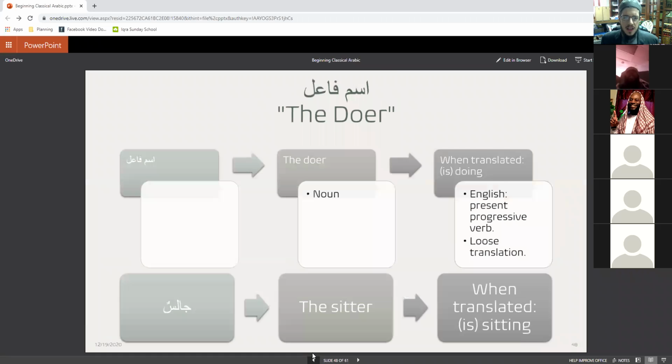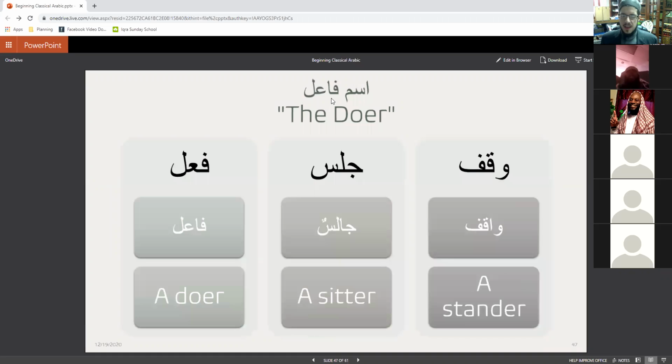We said that literally anything on this pattern of fa'il, talib, waqif, is the doer. Like our baker example: I bake a cake. Who bakes the cake? The baker. In English, we put that -er on the end of a verb to transform it into a noun to show somebody who's doing that action.